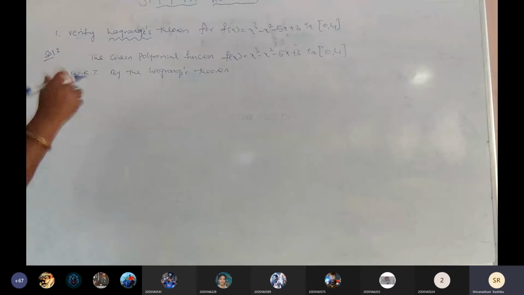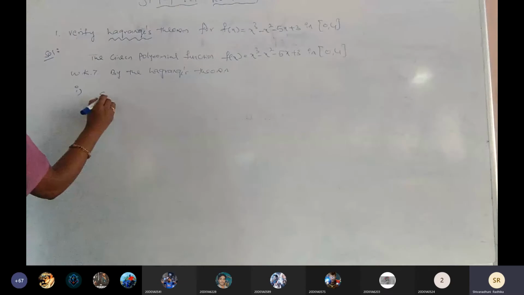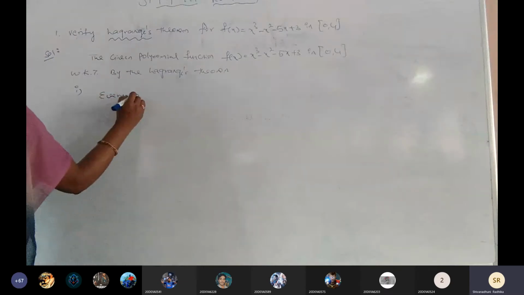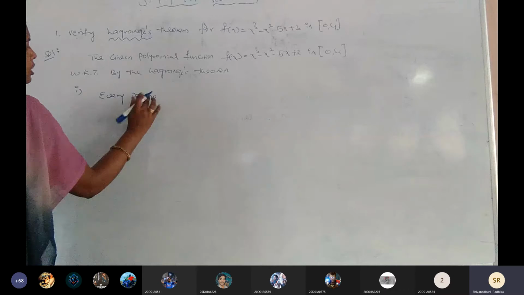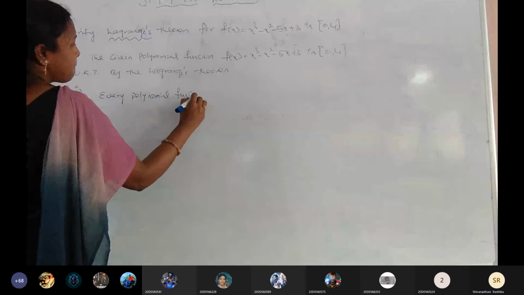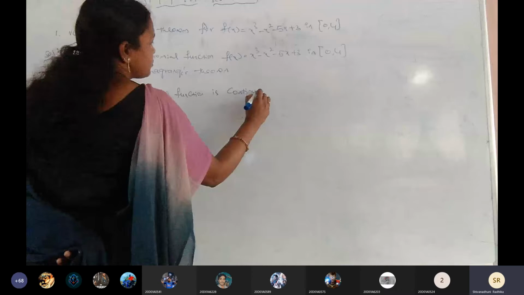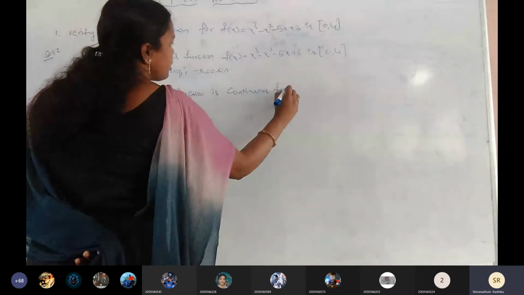First, what is the first condition? Either it is Rolle's theorem or Lagrange's theorem, the first condition is the same. We need to check whether the given function is continuous. The given function is a polynomial function, and every polynomial function is a continuous function.